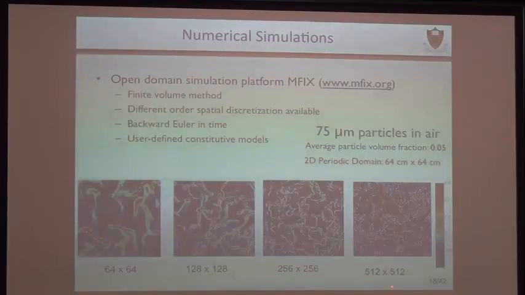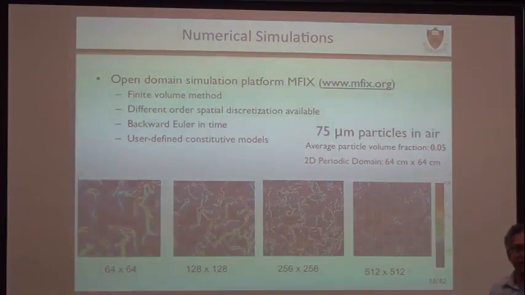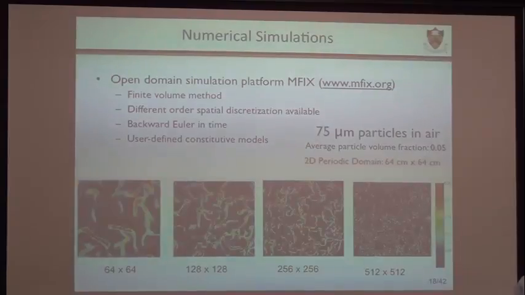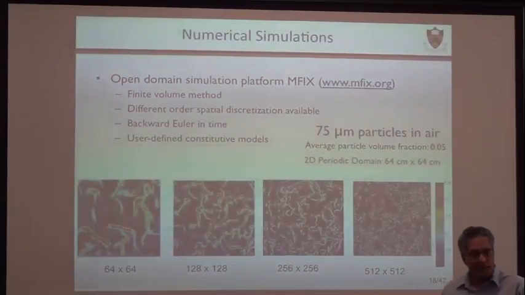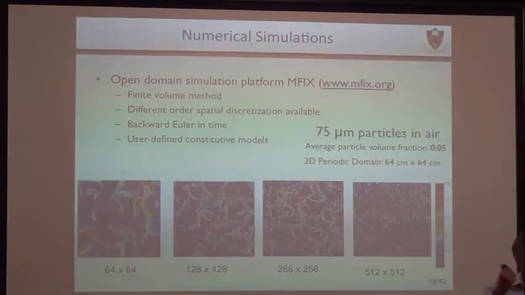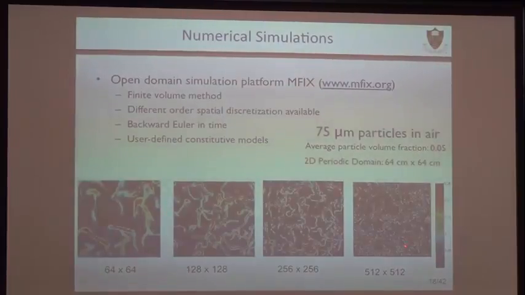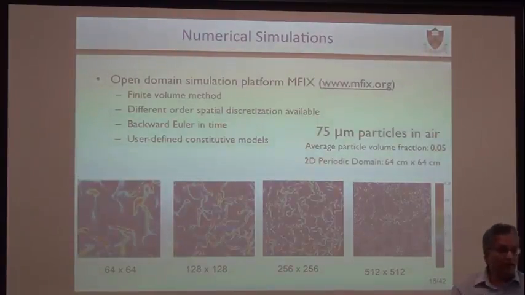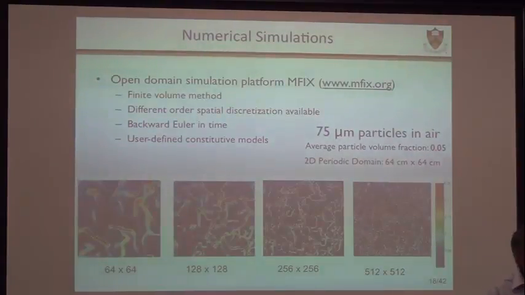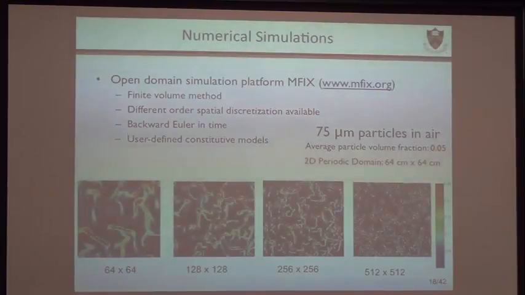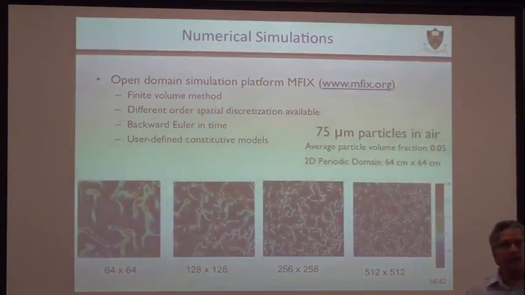Down here we are talking about grids of the order of a few millimeters, while here the grids are 1 centimeter. You find that the equations indeed say there are these fine structures. And indeed, as I showed you in the experiment, these fine structures are of the order of 20 to 30 particle diameters. So these are real fine-scale structures that are seen experimentally, and the models predict them because they are there.